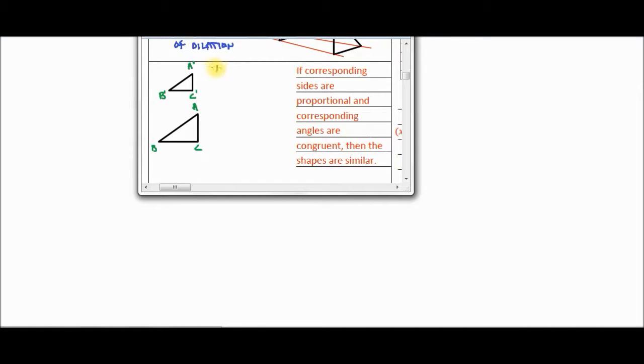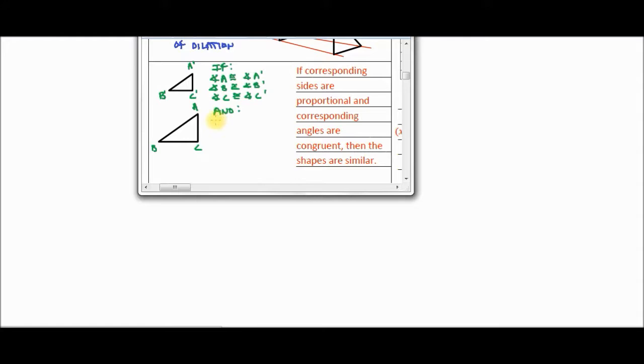So here's what this is telling us. If you can prove that angle A is congruent to angle A prime, and angle B is congruent to angle B prime, and angle C is congruent to angle C prime, you can prove that all those corresponding angles are congruent, and you can also prove that corresponding sides are proportional.